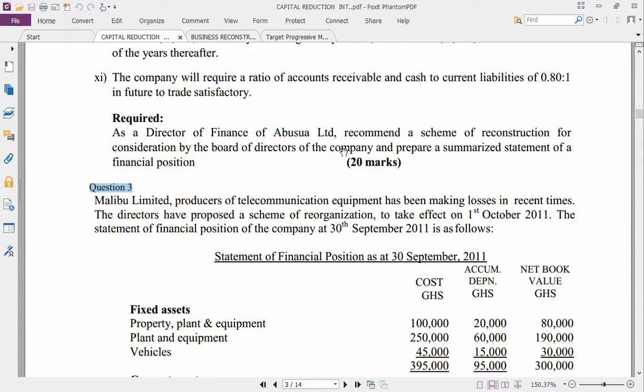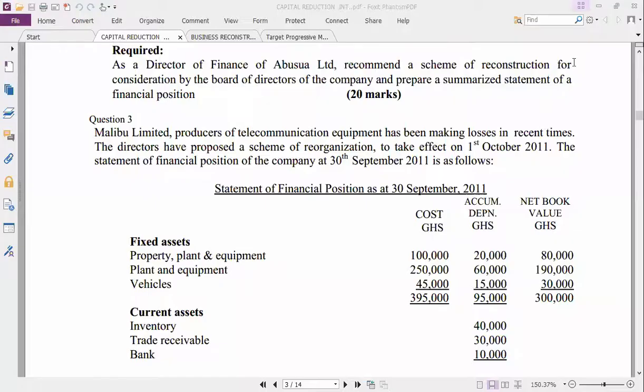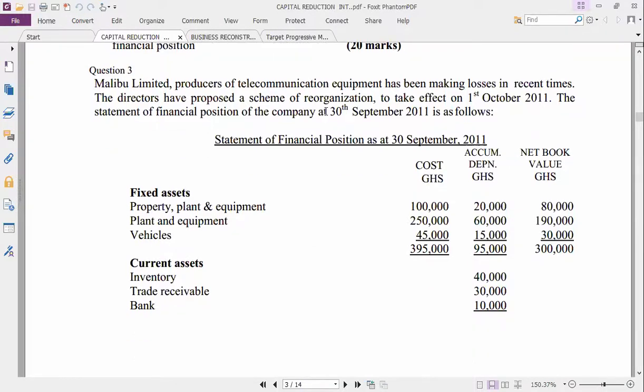Malibu Limited is a question that we are looking after. Kindly be with us when I'm solving the question to get a full picture. Yes. Now, I'll go straight to the requirement before I deviate.